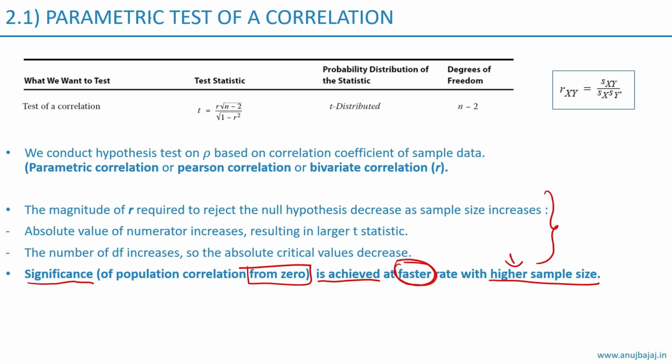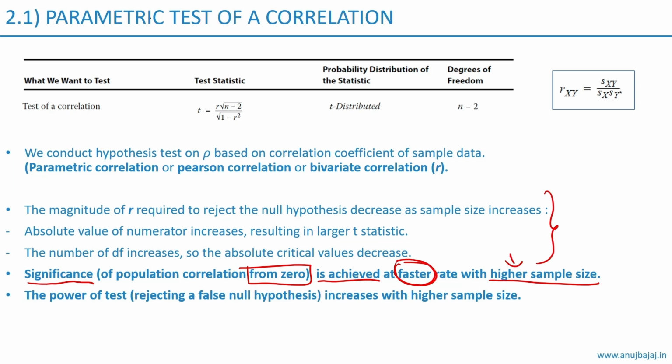The second conclusion that we can draw is that the power of the test increases with a higher sample size. If you remember, power of test refers to rejecting a false null hypothesis. So as the sample size increases, the probability of rejecting a false null hypothesis also increases. But the type 1 error also increases, which is to reject a true null hypothesis.